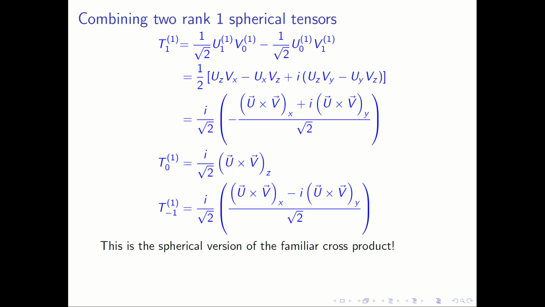So, even if we had never known the cross product before, we could have discovered it here at a rather advanced setting, when you are trying to combine two spherical vectors to form a spherical tensor. By the way, we have been focusing on spherical vector operators and spherical tensor operators basically because we are using this in quantum mechanics.